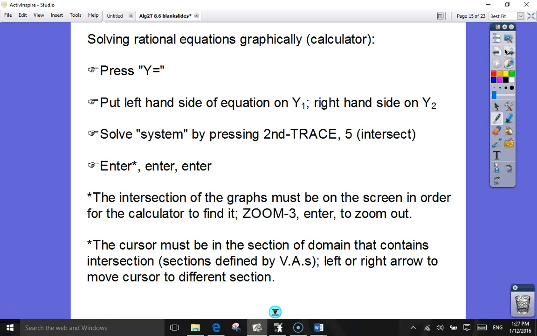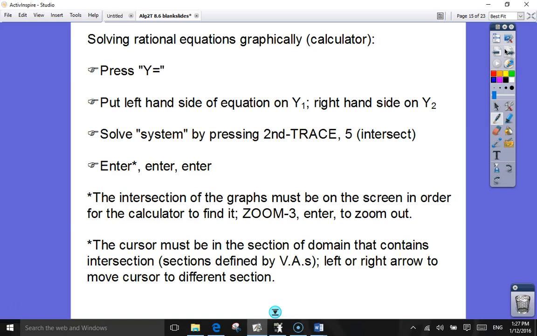We're going to turn one equation into 2 functions, right? Our equations only have one variable. They only have x in it. But we're going to take the left-hand side of the equation, and we'll put that on the first line in the calculator under y equals. And we'll take the right-hand side, and we'll put it on the second line.